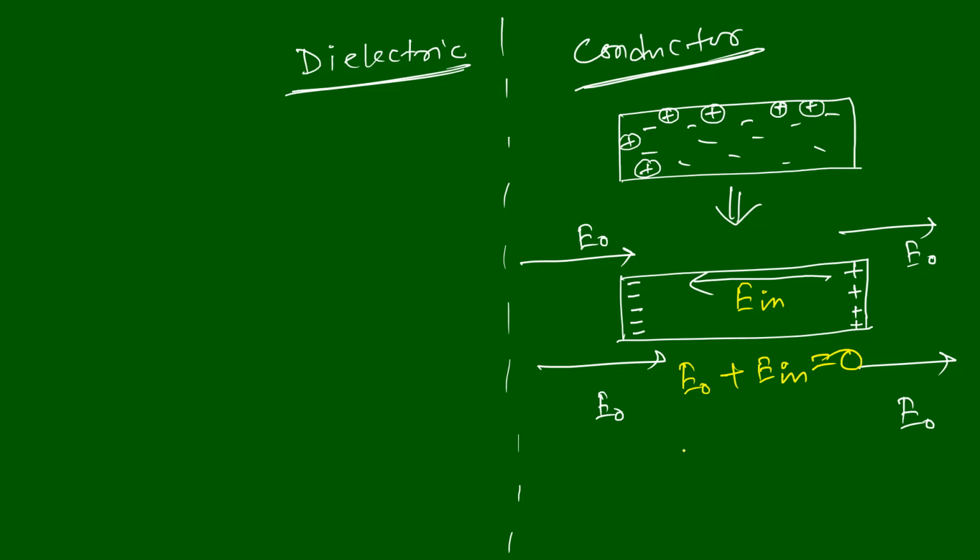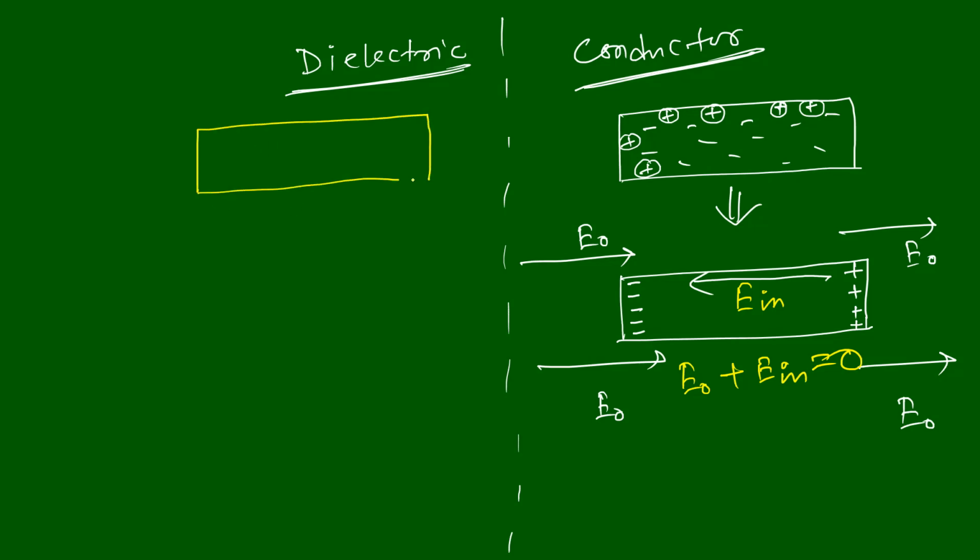But a dielectric is different. As I have already said, a dielectric is one type of insulator, right? So free electrons are not present here. Okay, so let me draw the diagram of the initial arrangement of the dielectric. Actually, there are two kinds of dielectrics you will learn.